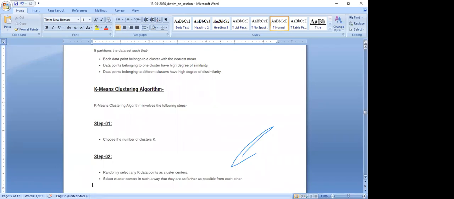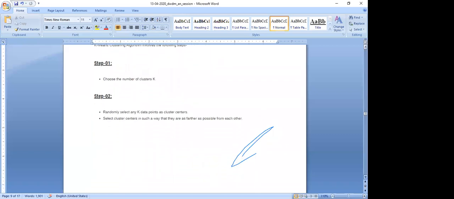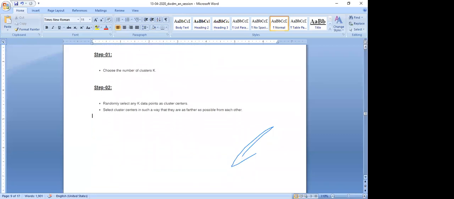I'll explain with an example also. First, we randomly select some data points. After selecting the centers, we have to find the distance. We can use Euclidean distance, Manhattan distance, or Minkowski distance.